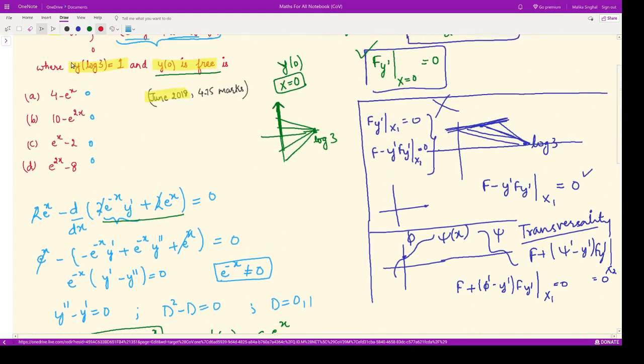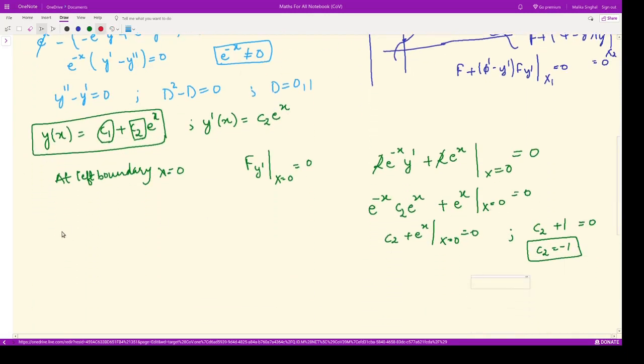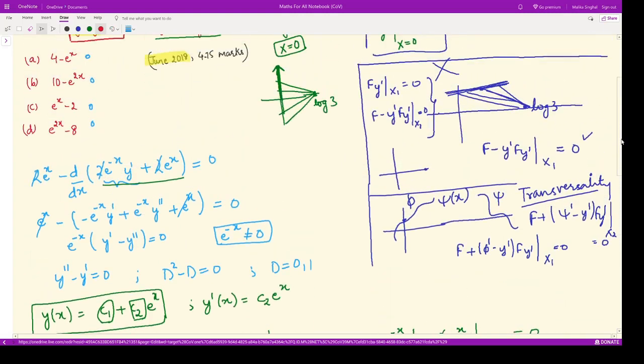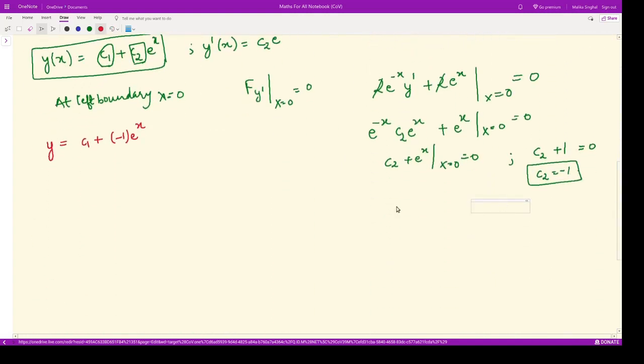The given condition is y at log 3 is 1. So let us substitute it in our extremal. So our extremal now becomes y is equal to c1 plus, what is c2? c2 is minus 1. So we have minus 1 e to the power x. What was our condition? Our condition was y at log 3 is 1, right? Y at log 3 is equal to 1.